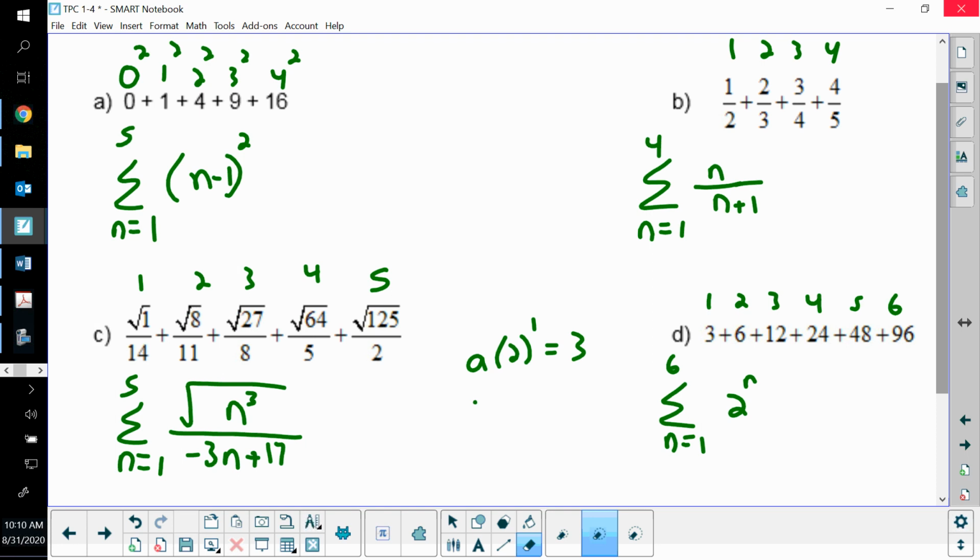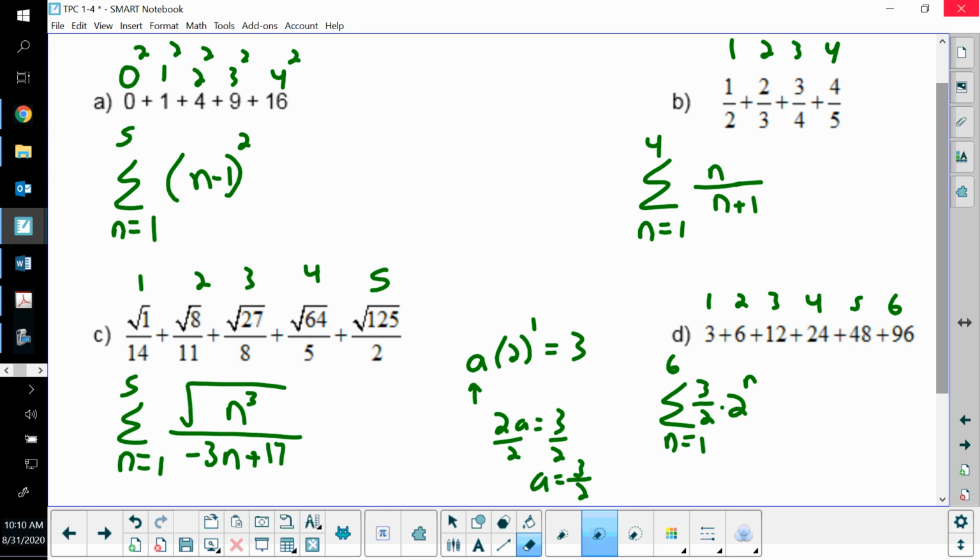So we need to figure out what number we should put in front here, so that when we do 2 to the first, it gives us back 3. Well, this is the same as saying 2a equals 3. And if you divide by 2, you get either 3 halves or 1.5. So 3 halves times 2 to the n is what would work.